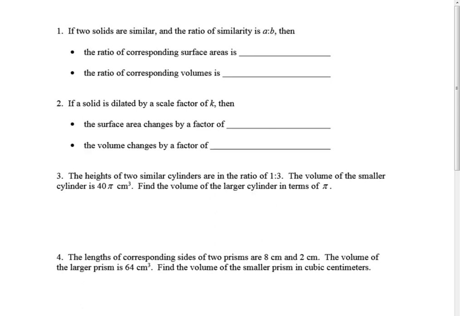So if two solids are similar and the ratio of similarity is A to B, then the ratio of corresponding surface areas is A squared to B squared. The ratio of corresponding volumes is A cubed to B cubed. So if a solid is dilated by a scale factor of K, then the surface area changes by a factor of K squared, and the volume changes by a factor of K cubed.